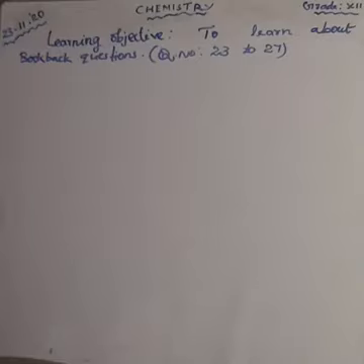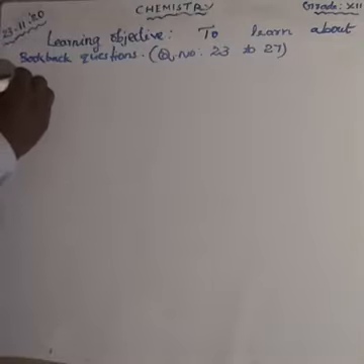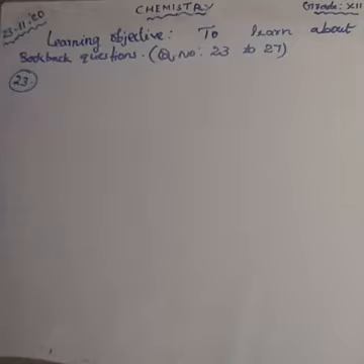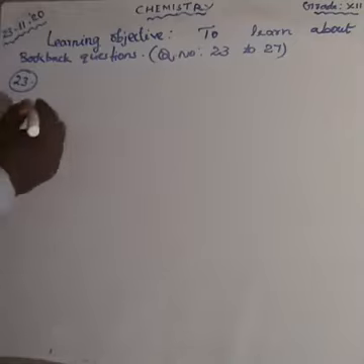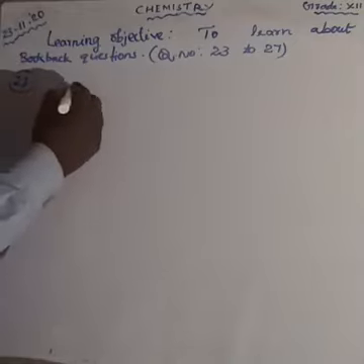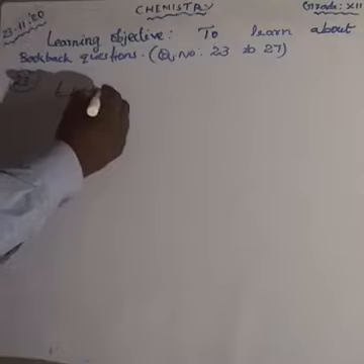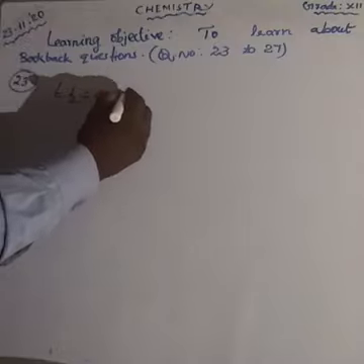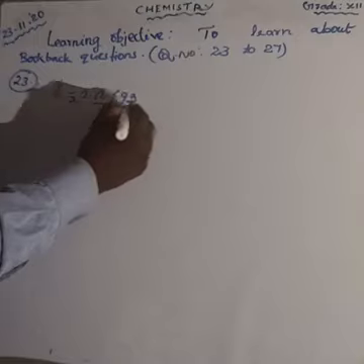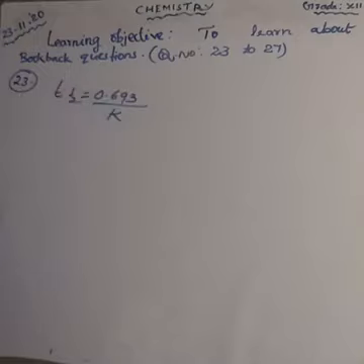How can you calculate this one? What are the given data? First you have to write the given data. For the 23rd, T half is equal to 0.693 divided by K. Here, what is K?